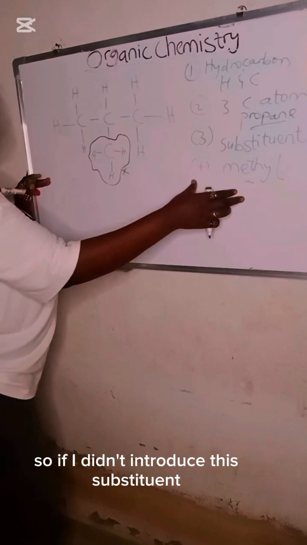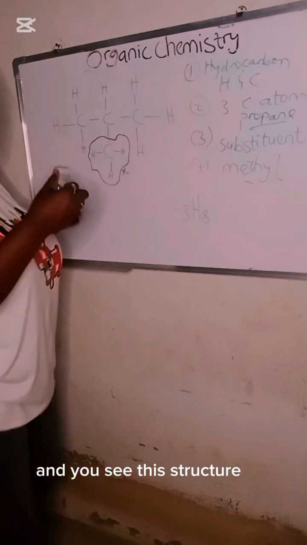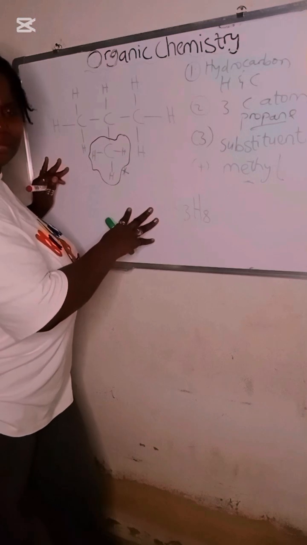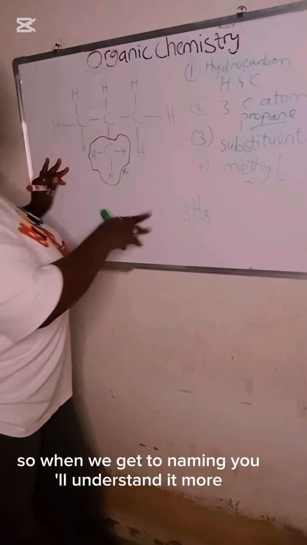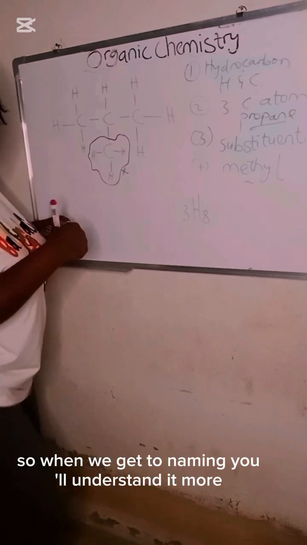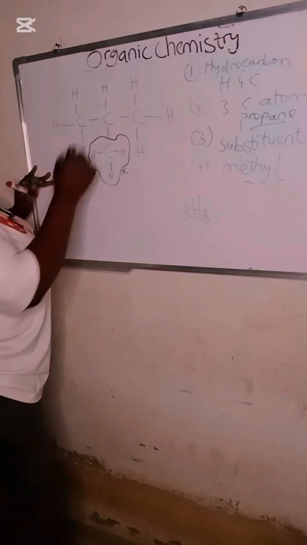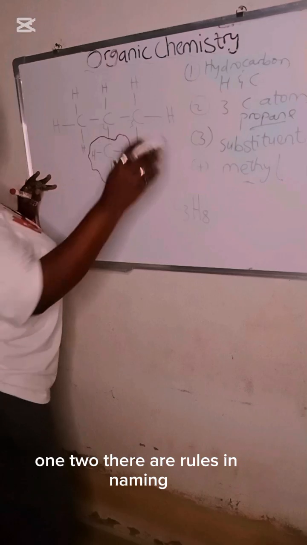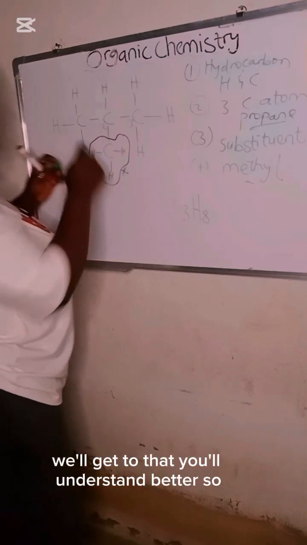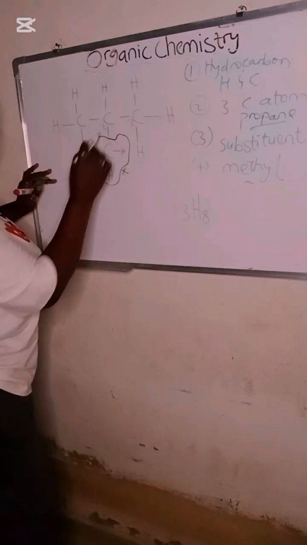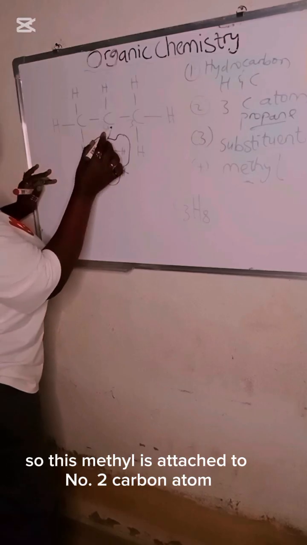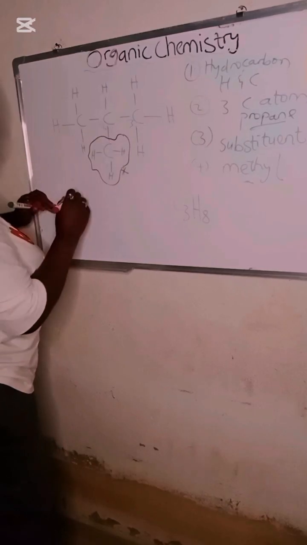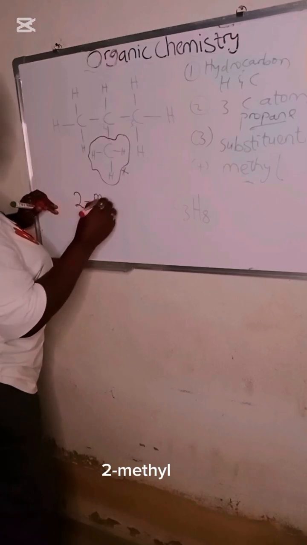So if I didn't introduce this substituent and you see this structure, you would just be looking at it and say, where is this one coming from? You see? So when we get to naming, you understand it more. There are rules in naming. We will get to that. You understand better. But if you're naming this, this methyl is attached to the number 2 carbon atom. So this is what? 2-methyl.